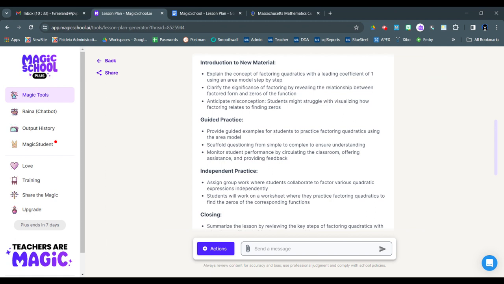So we could then at the bottom say, I need 10 problems for the guided practice and 20 problems for the homework.